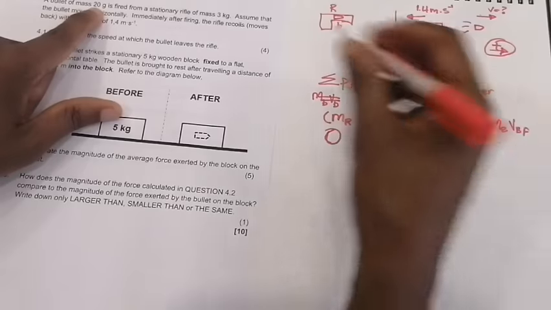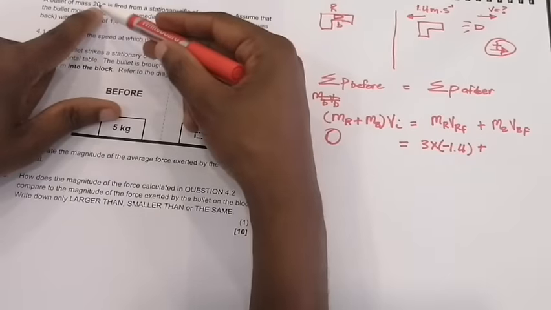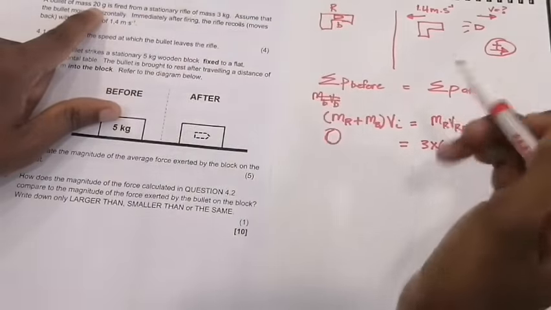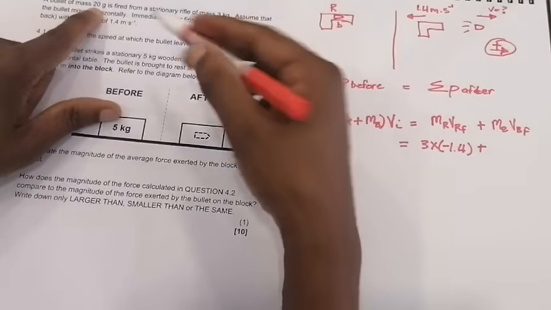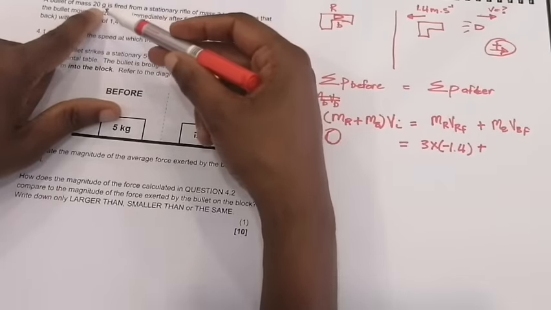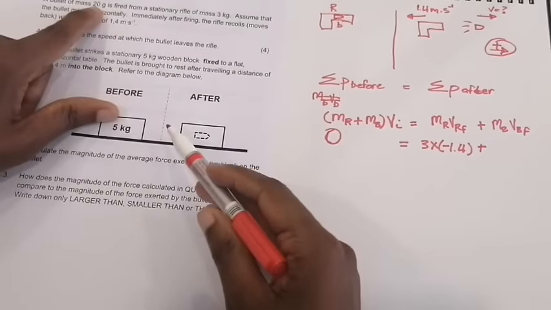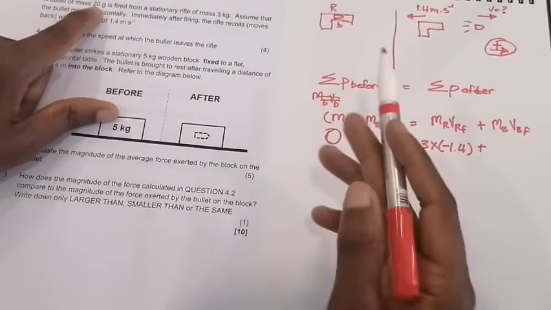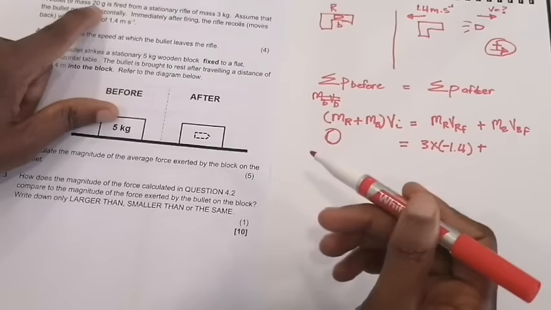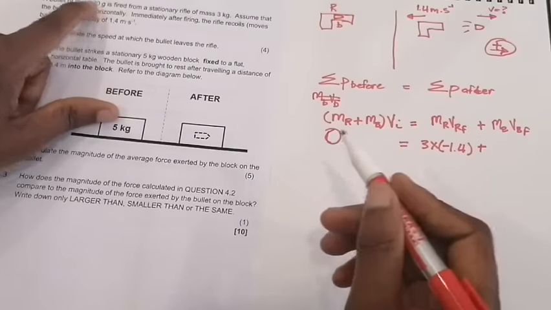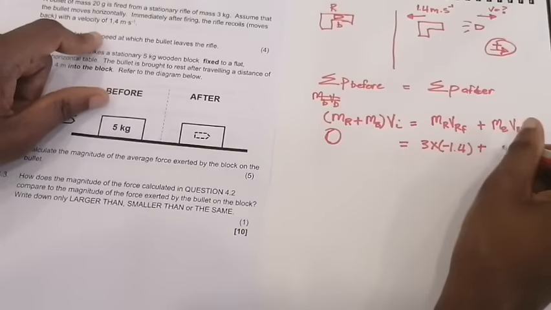The mass of the bullet in this case was 20 grams. Remember that mass has to be in kilograms. So now we need to convert those grams into kilograms. So what do we do? We divide by 1,000. From grams to kilograms, you just simply divide by 1,000. So 20 divided by 1,000 will give you 0,02.